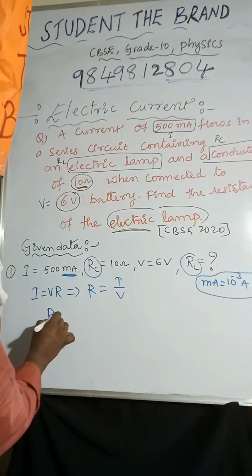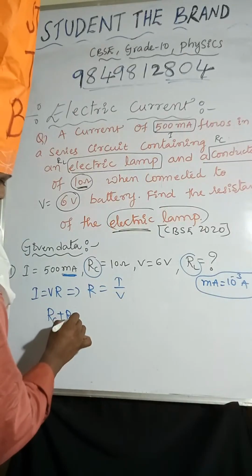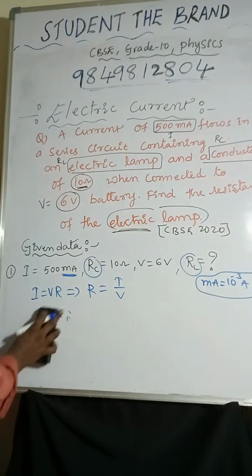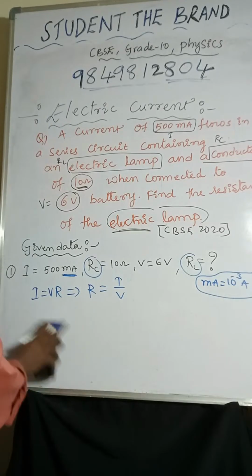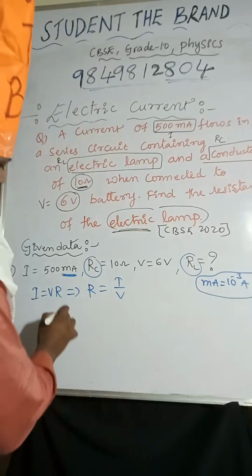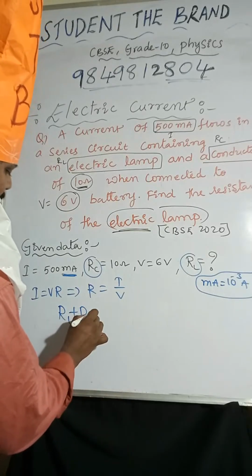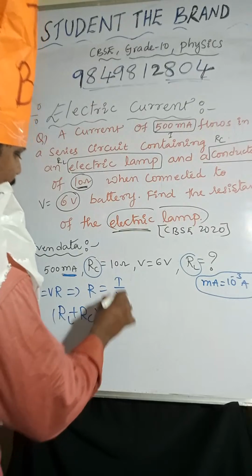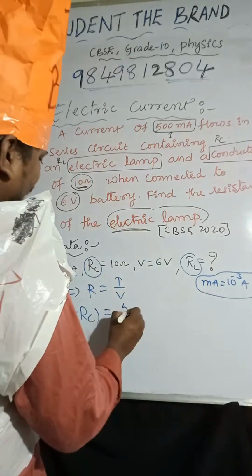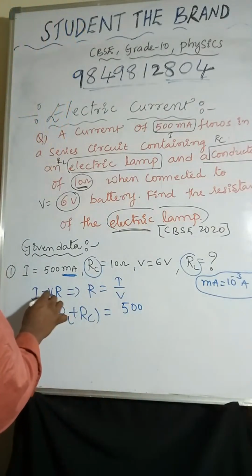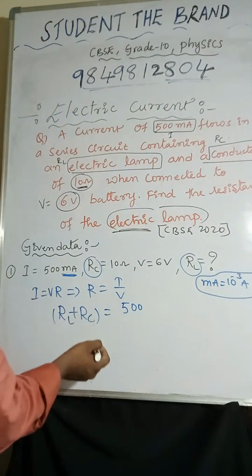So RL plus RC. However you write it, it is the same. So RL plus RC equal to, current I equal to how much? 500 into 10 power minus 3.